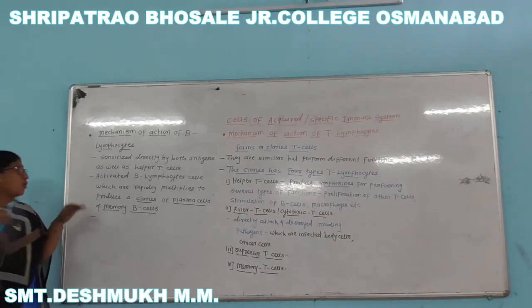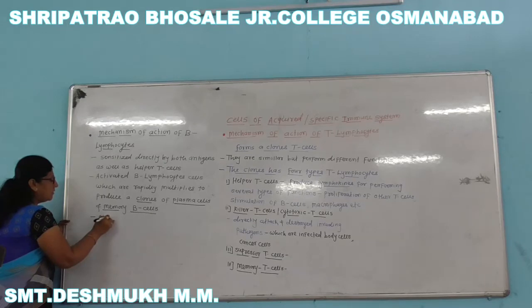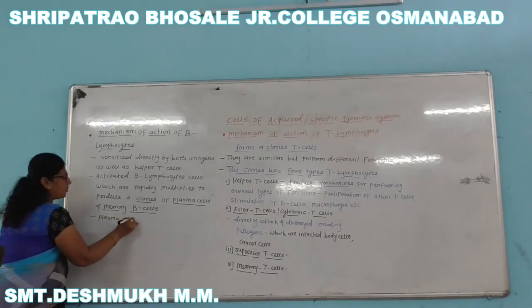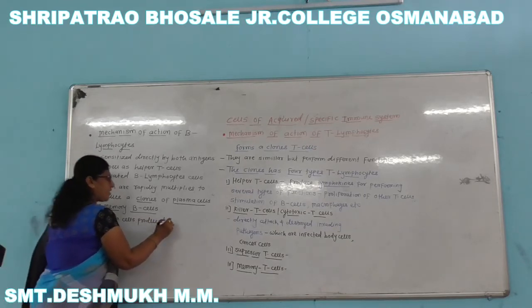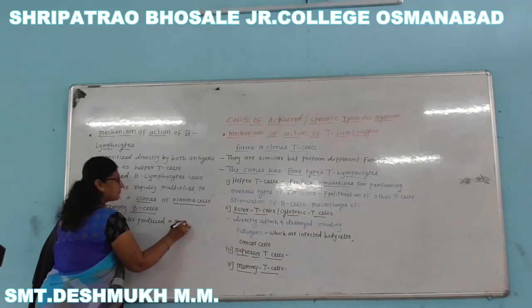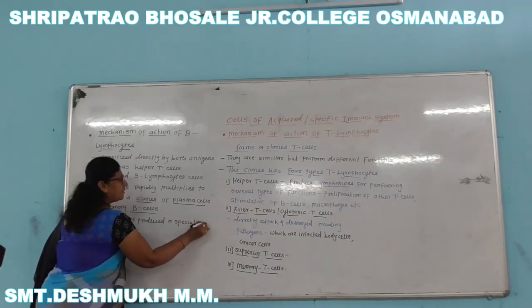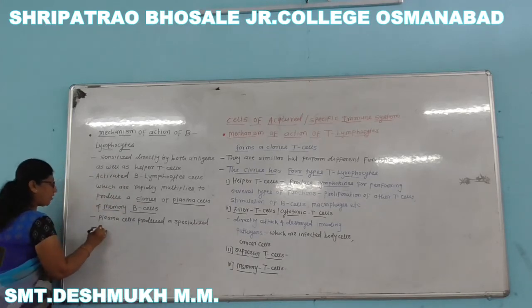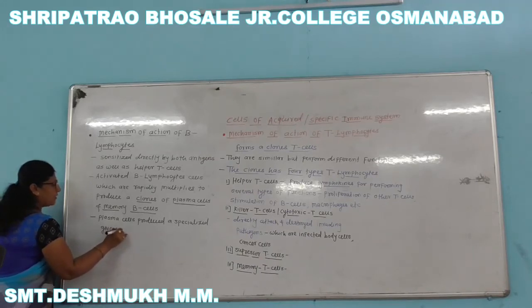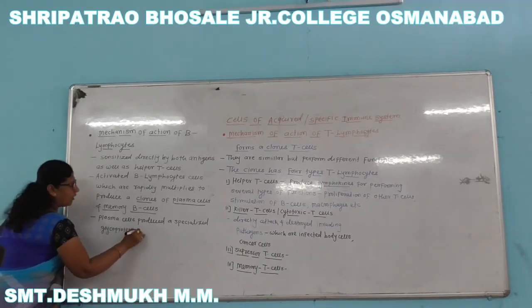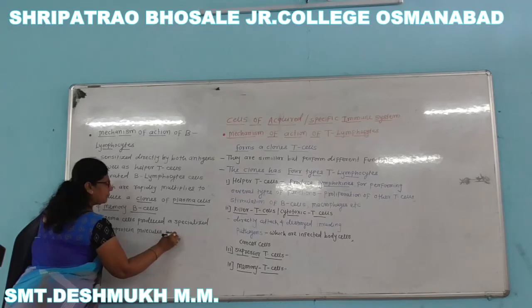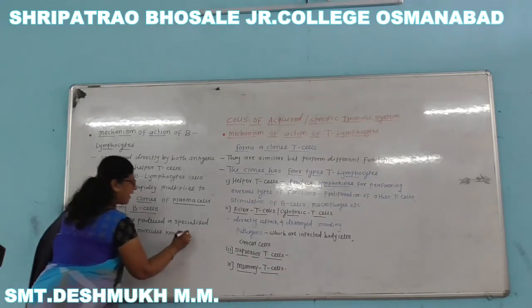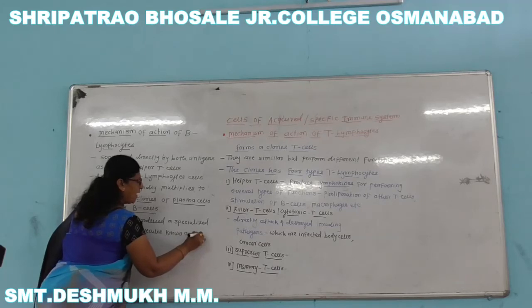The plasma cells produce specialized glycoprotein molecules known as antibodies.